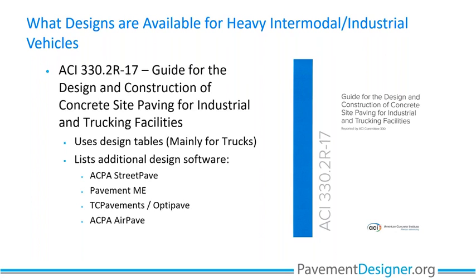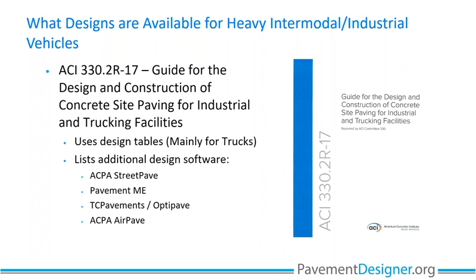Now, we mention this because ACPA's AirPave tool is actually what is used to do the intermodal industrial design within PavementDesigner.org. It's that tool, originally developed for aircraft, those really heavy loads on landing gears, that's incorporated within PavementDesigner.org.